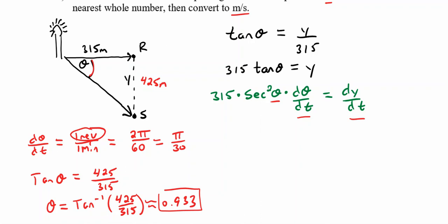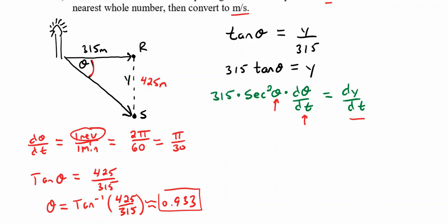All right, and I think we got everything we need, right? Or what do you guys think? We got theta, that's what we just solved for. We got d theta dt. We're good to go.